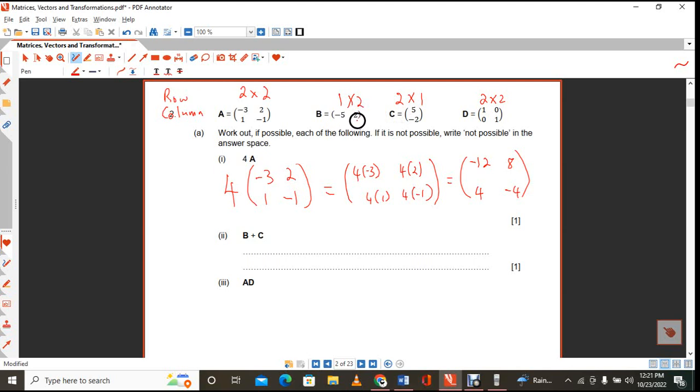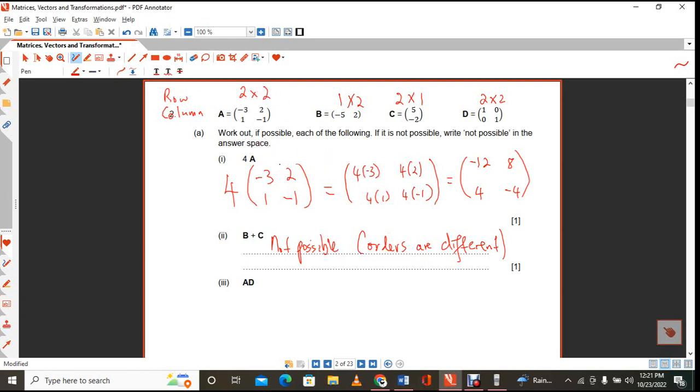You can only add or subtract matrices with the same order. So you can't do this one. This is not possible. B is a 1 by 2 matrix, and C is a 2 by 1 matrix. In order to add or subtract matrices, they need to be of the same order, the same number of rows and the same number of columns.